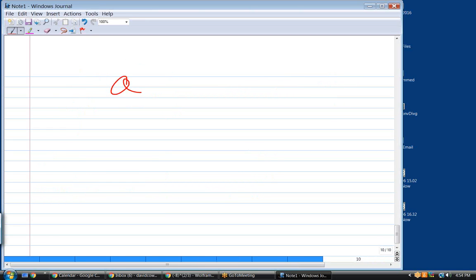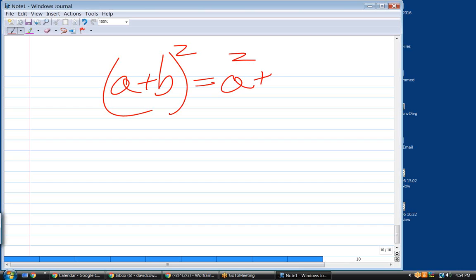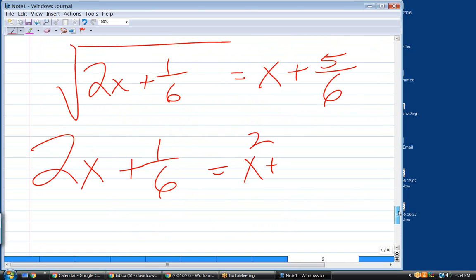In other words, if we take a plus b, two things, and square it, I get a squared plus 2ab, there's that middle term, plus b squared. Well, what we were squaring here is x plus 5/6. So the first term is x squared.